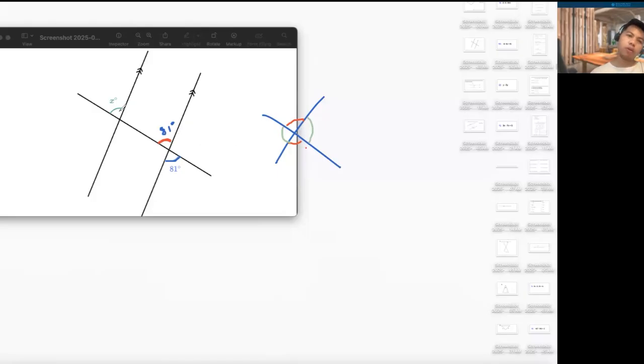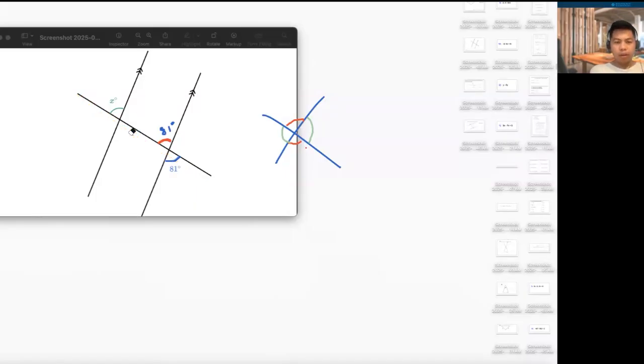And so therefore, you see this angle, the 81, what's the relationship of this 81 to this one? Are they corresponding? They're in the same spot. So they should be corresponding. You see that they are on the right side. They are in the same spot. So they are corresponding.